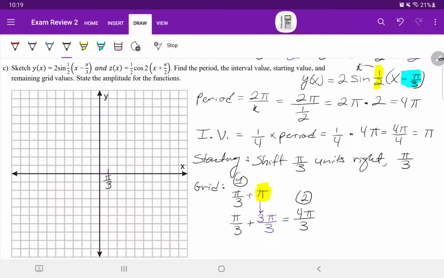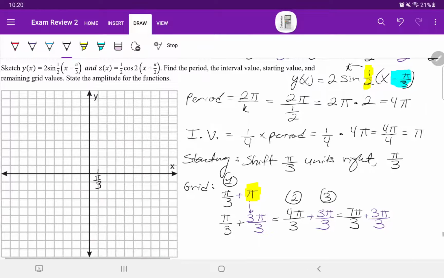My second grid value. Add another 3 pi over 3, which is the same thing as pi. That is 7 pi over 3. Add another 3 pi over 3.